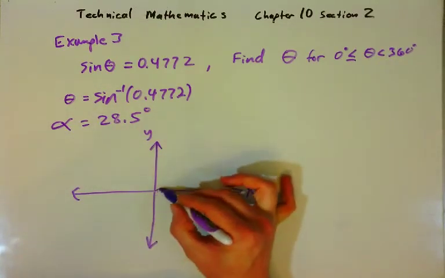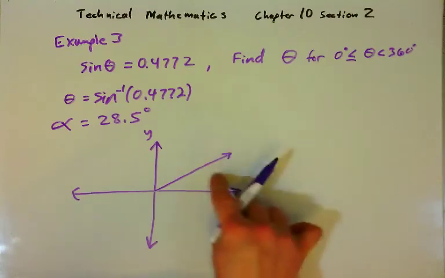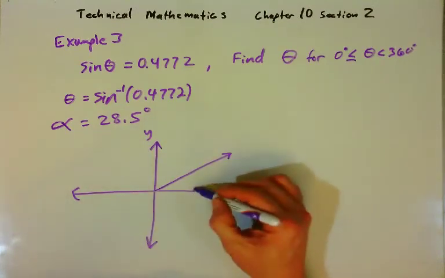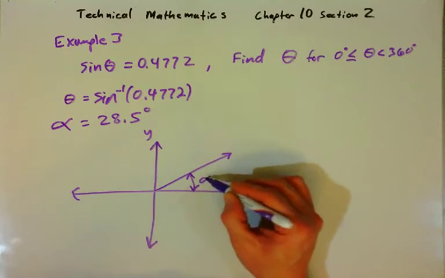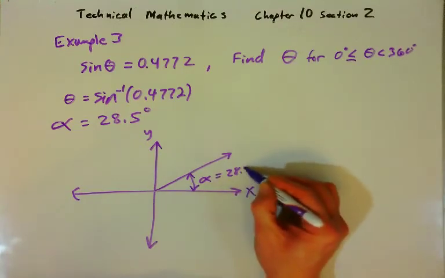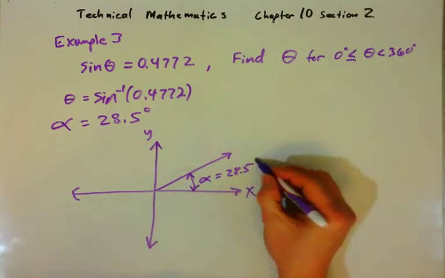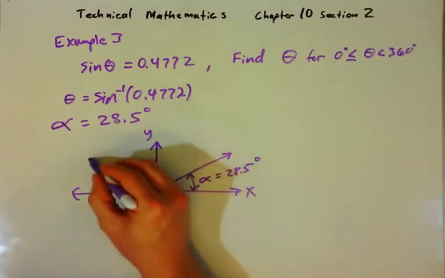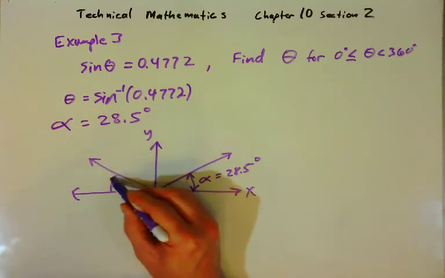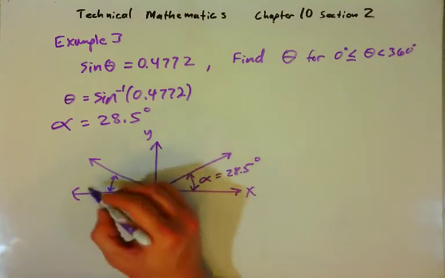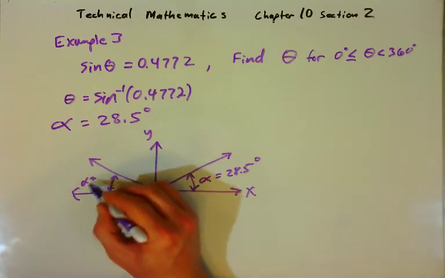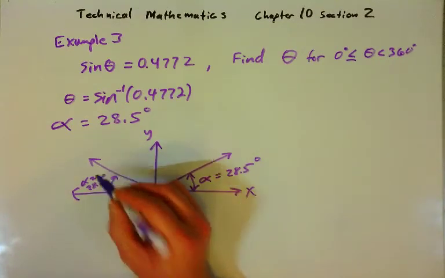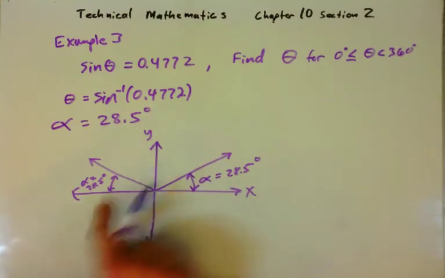And so that means that there are two possible answers. They're in the first and second quadrant. One of them is alpha equals 28.5 degrees in the first quadrant. The second answer is alpha is also 28.5 degrees, but in the second quadrant.